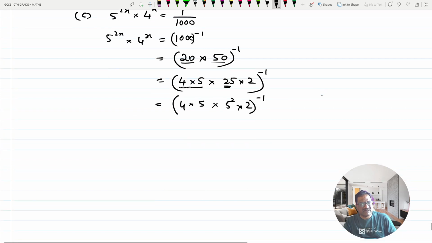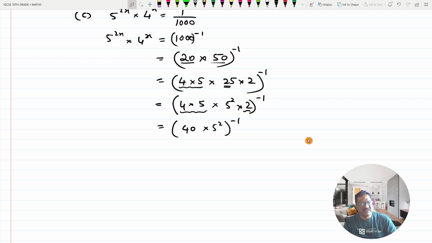Right. Now, I'm getting 4 twos are 8, but I want in terms of 4, right? 4 fives are 20, 20 twos are 40. Now this 40 into 5 to 2, I can write.